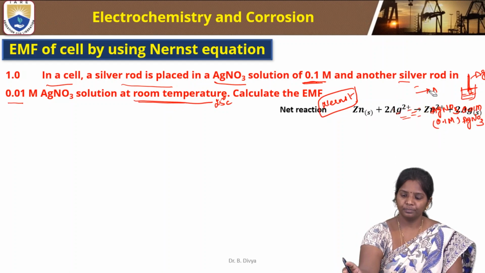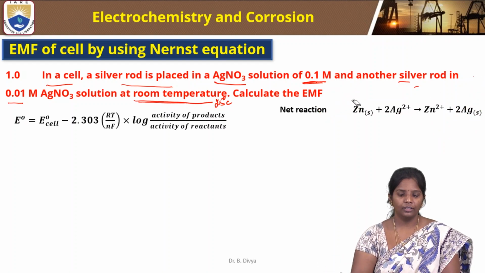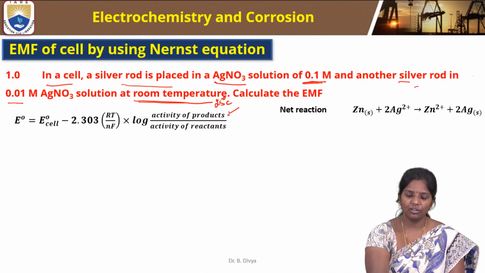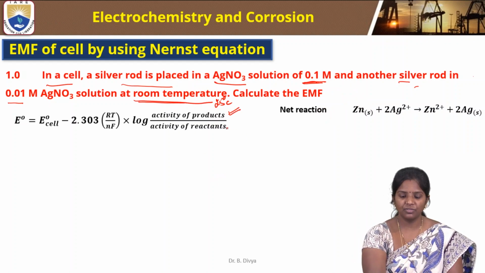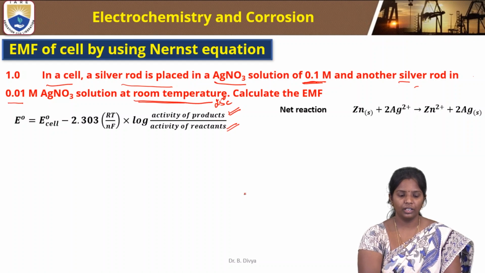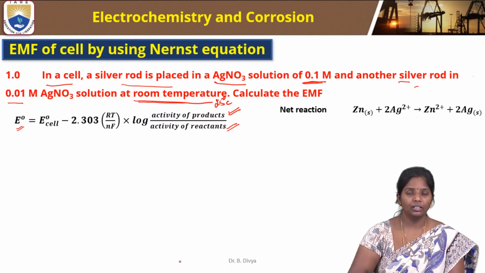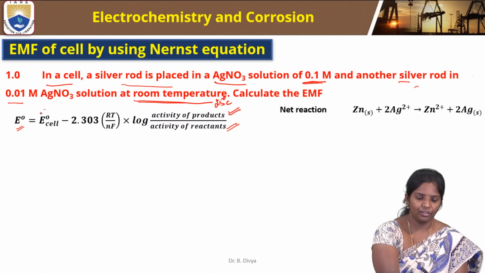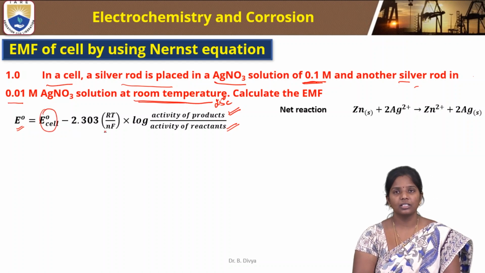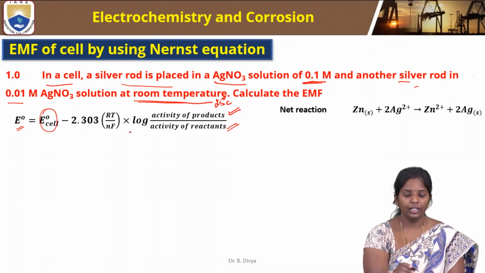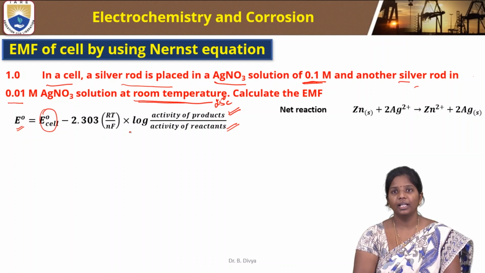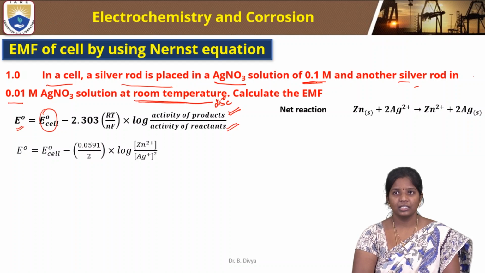Here we have the reaction, and we apply the activity of product divided by the activity of reactant. So the EMF of the cell is equal to the standard EMF of the cell minus 2.303 RT by NF into log activity of products by activity of reactant. What are the product and reactant here?